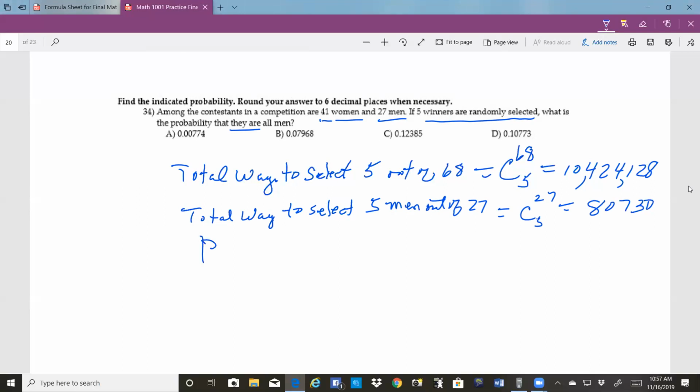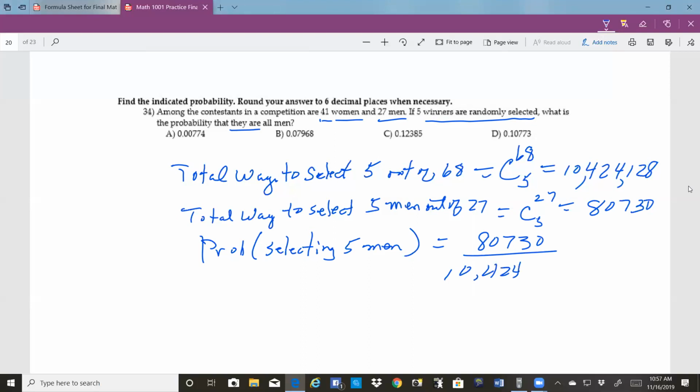So the probability of selecting 5 men is going to be very small. It's going to be 80730 divided by a little more than 10 million, which is 0.00774, which is answer A.